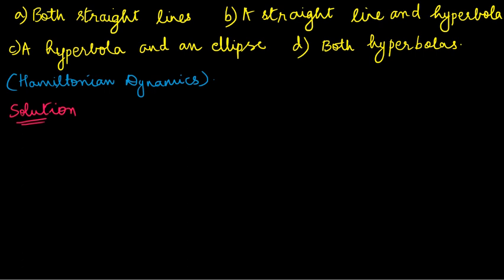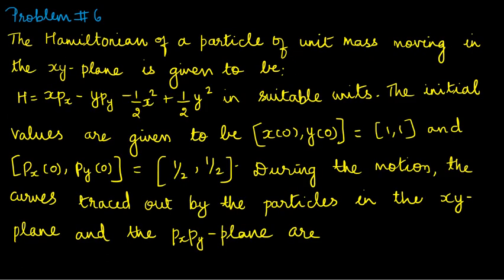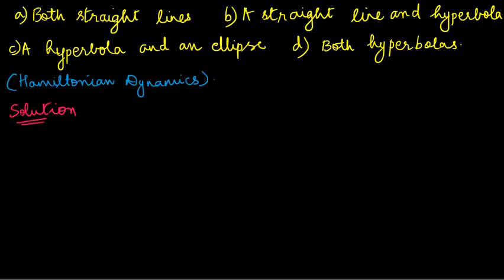Okay, so basically we can first use the Hamilton's equation of motion. So first I am going to write what is the Hamiltonian given here, which is H is equal to x px y py.